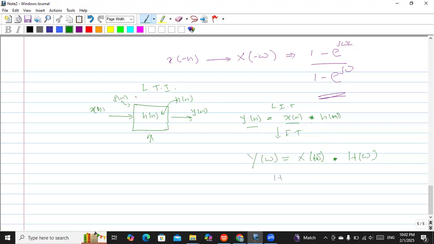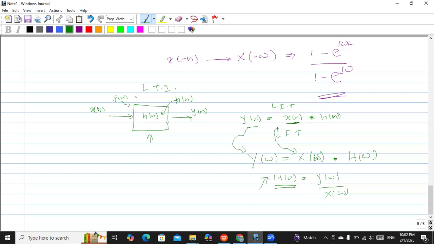Now you can find h omega as y omega divided by x omega. If you know the output, you can find the Fourier transform y omega. If you know the input signal, you can find the frequency domain signal x omega. Then if you divide y omega by x omega, you will have h omega.